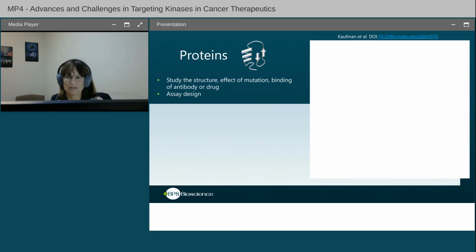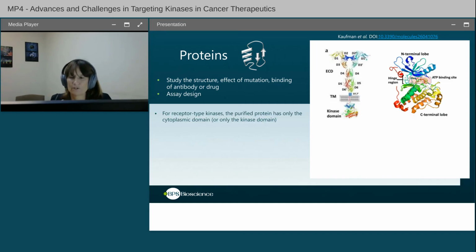Proteins are used to study the structure, the effect of a mutation, the binding of an antibody, and to design assays. For receptor targeting kinases, most of the time you will want only the kinase domain. Of course, we cannot purify the full protein because it would lack the plasma membrane, so it wouldn't be folded correctly, but we will produce either the extracellular domain or the kinase domain.